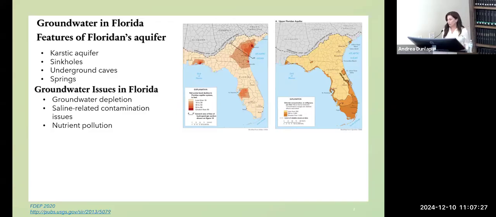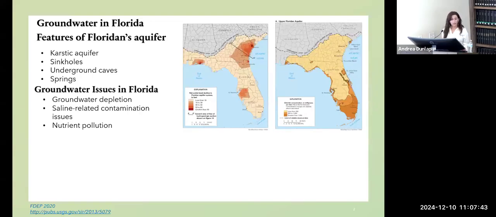When it comes to nutrients, it has been reported that nitrogen is the most widespread non-point contaminant affecting groundwater pollution in Florida.